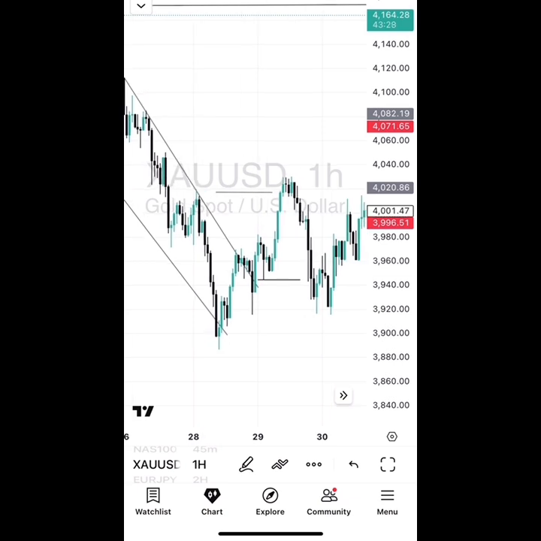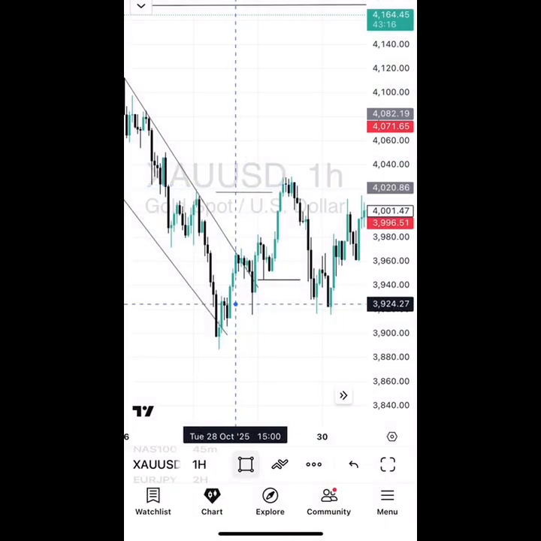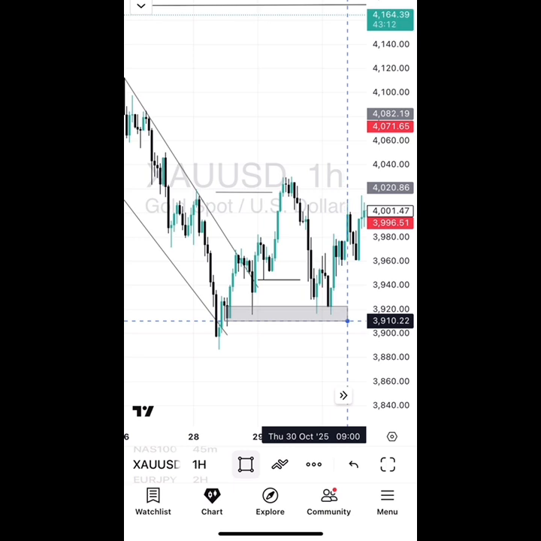And how did I get my entry? If we look, we have this 1 hour, this is another block here. This is another block. This was another block that's just sitting right here, just below that inducement.